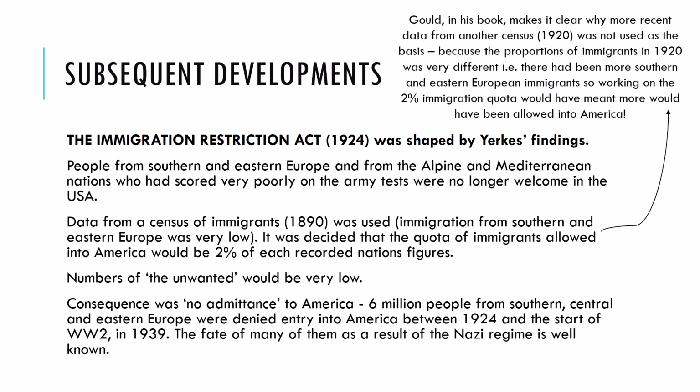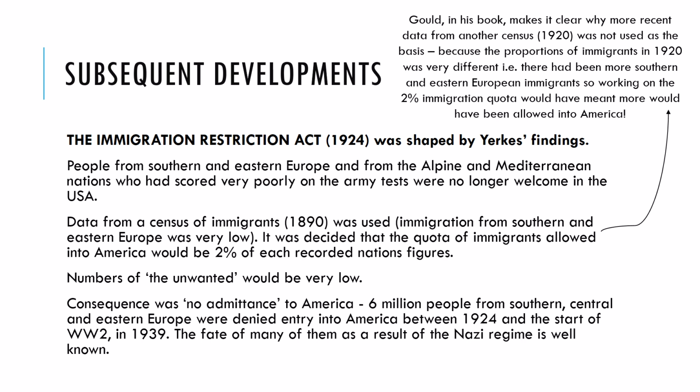Now, these immigration acts had quite big consequences. So horrendous consequences in the form of the fact that immigration from southern and eastern Europe was pretty much all but ceased. Now, the persecution of Jewish people, which started well before the actual beginning of the Second World War, meant that many Jews tried to escape from their homeland, but there was this no admittance to America based upon these new figures.